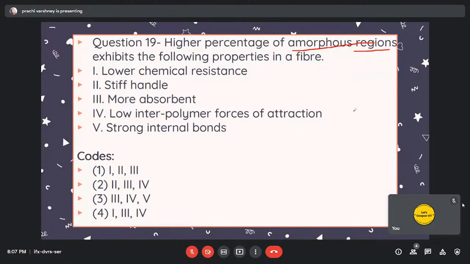They asked what properties a higher percentage of amorphous resin exhibits in a fiber. Like I also told you, the properties of amorphous resin. So what properties will they have?